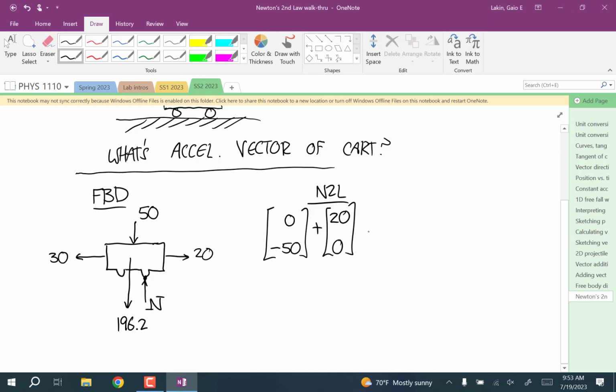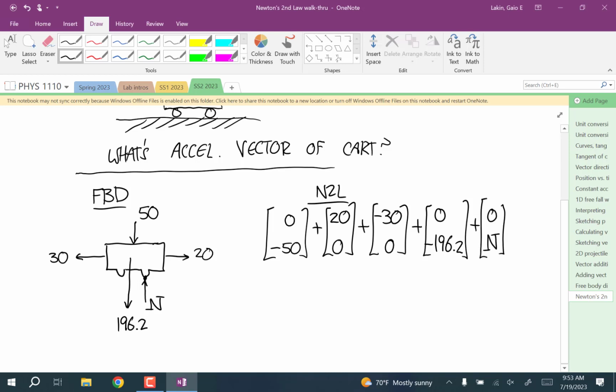The 30 is in the negative x direction, so that's negative 30, 0. The weight force is in the negative y direction, so that's 0, negative 196.2. The normal force is in the positive y direction, so that's 0, positive N. And all that is equal to the mass of the body, 20 kilograms, times the acceleration vector.